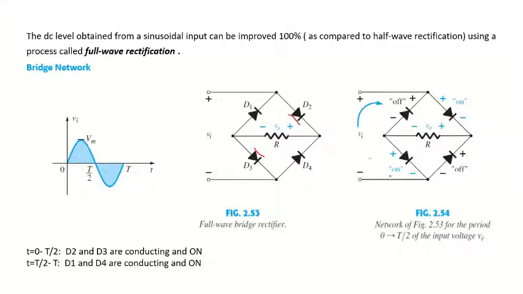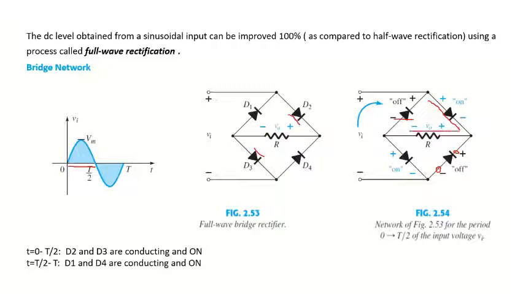So from figure 2.54 we are considering the first half cycle, which is 0 to T by 2. For the positive half cycle, this will be off and the current will follow this path, and here again it is disconnected because it will be reverse biased.